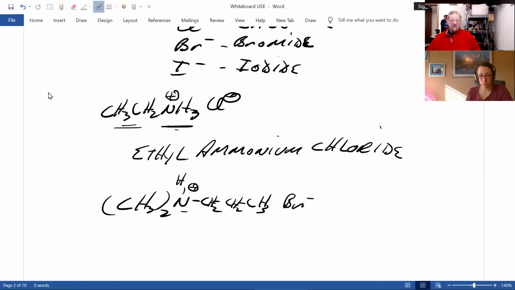Ooh, nitrogen with a hydrogen and a plus charge and an anion, and it's an amine salt. Now, one of the things students always ask me is, Dr. White, how can you tell the difference between an amine salt and a quaternary ammonium salt? Quaternary ammonium salts always have 4 R groups. An amine salt on nitrogen has at least 1 hydrogen, never 4 R groups. And that's how you can have more than one.